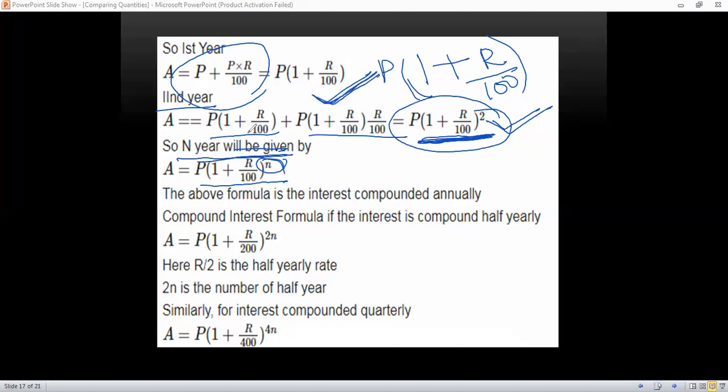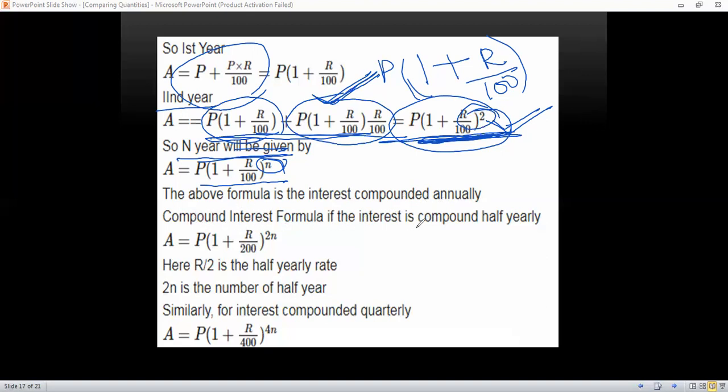In second year we are getting this amount, this plus this. That is, we can write in square like this for n years. So the formula will become P bracket 1 plus r upon 100 and the power is n. The above formula is for interest compounded annually.